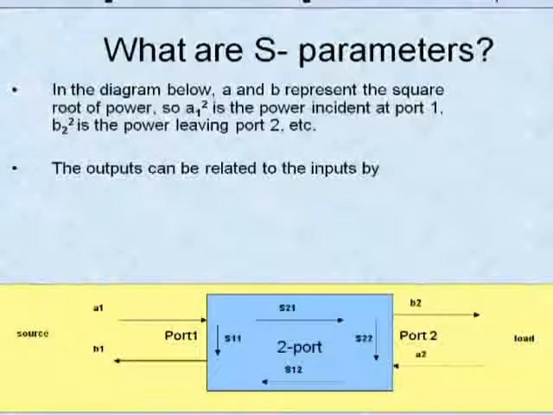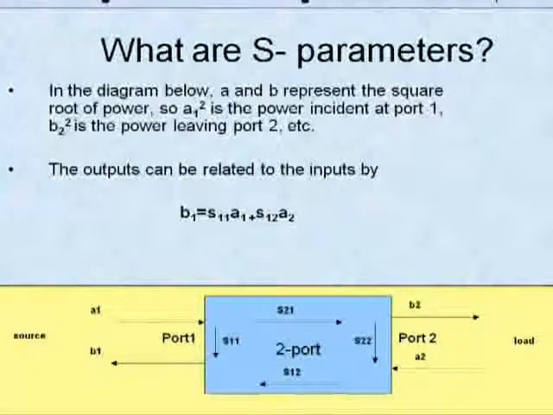That is A1, which is what's going in, multiplied by this thing that I've called S11, plus this signal, A2, multiplied by S12. Can you all see that? That's how this B1 is made up. It's what goes in times the reflection coefficient coming out, and it's what's going into the other port times the transmission coefficient in that direction. Everybody with me so far?